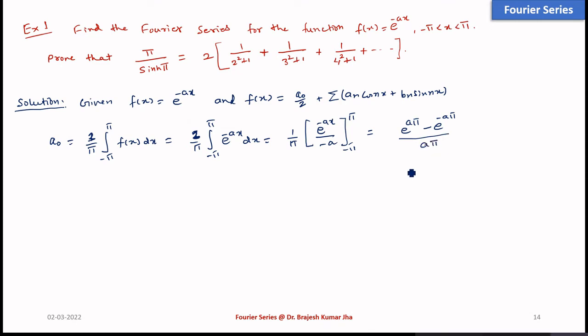So this is your a0 by 2. So what we can write this? This is going to be equal to sinh a pi upon a pi. This we got here.